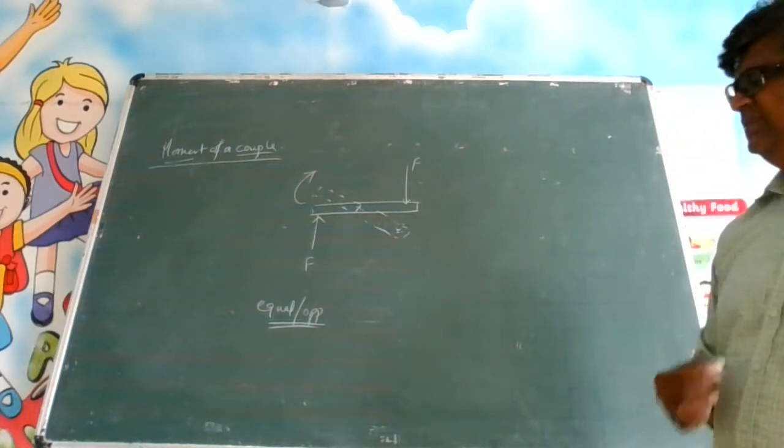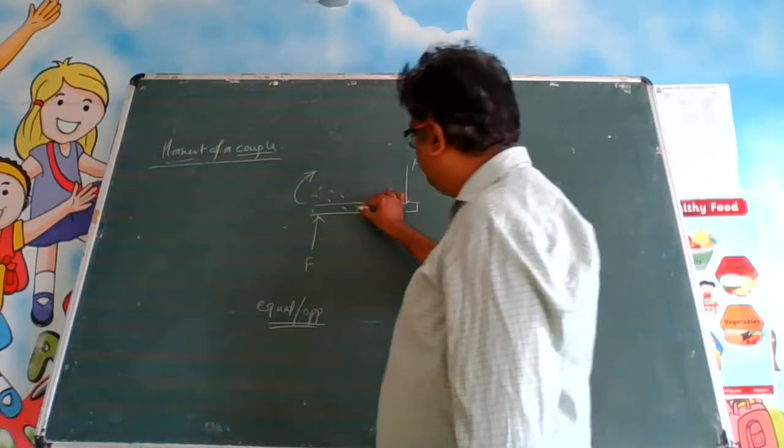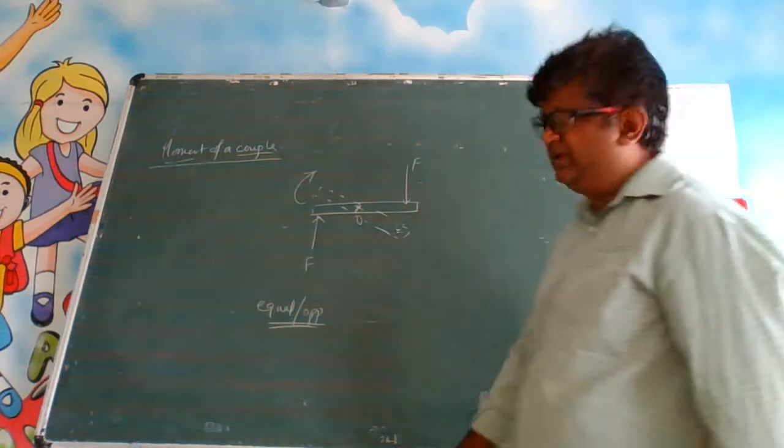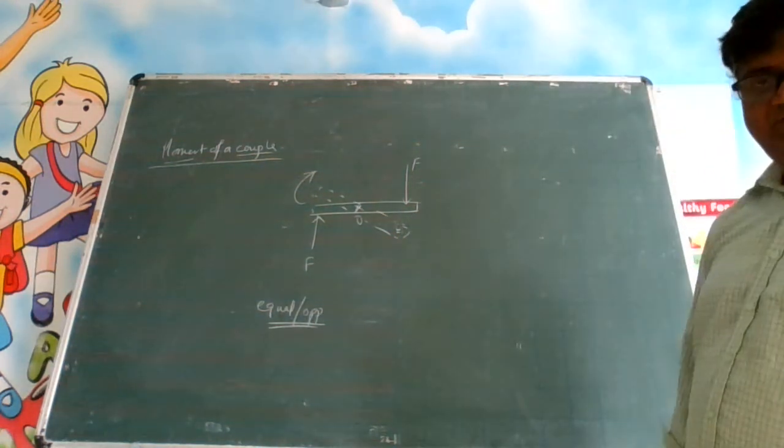So how to find the moment of a couple? I will take some point O in between and we will find the moment of a couple.